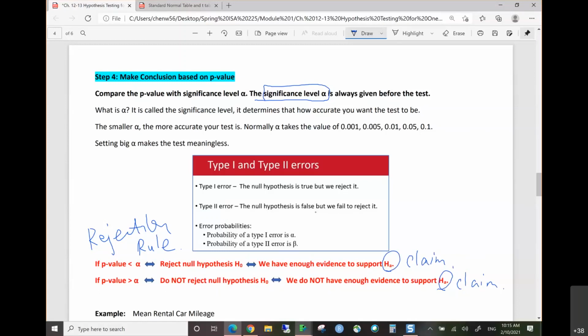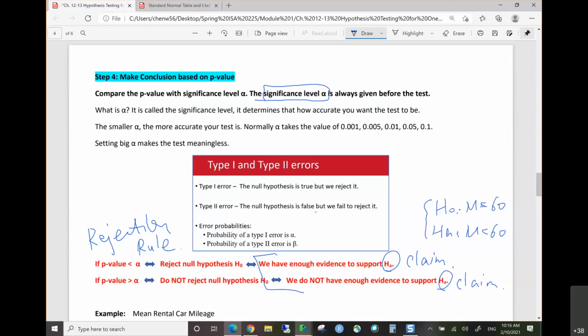So actually, the last step is our conclusion. You either support your claim or you do not support your claim. You never change your claim, right? For example, if you are testing mu equals 60, mu less than 60, you can either support that mu is less than 60 or you do not support that mu is less than 60.